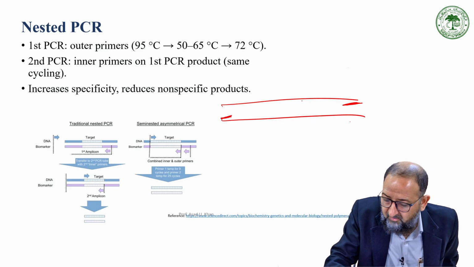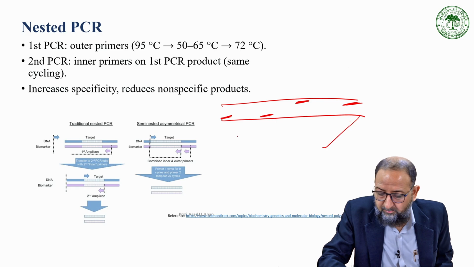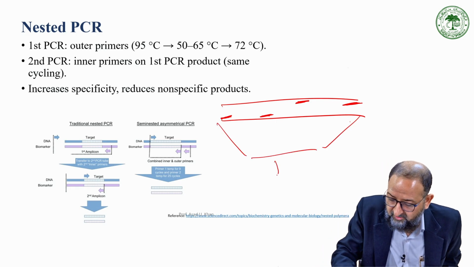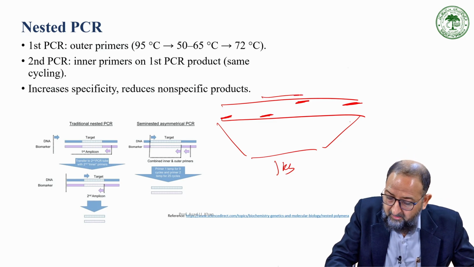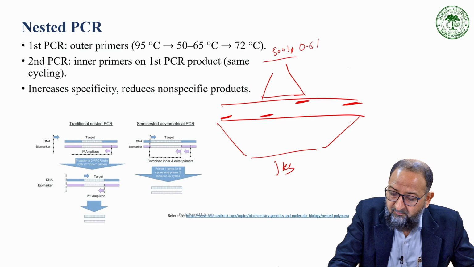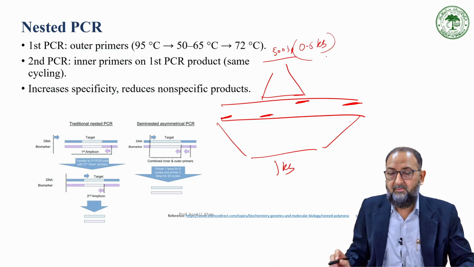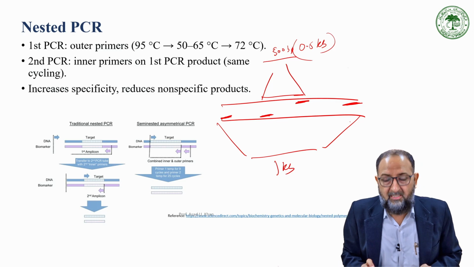Then you may have some inner primers. So this band to be of, say, for example, 1 kb, right? This band could be of, say, for example, 500 base pair or 0.5 kb. Correct. So what is happening in the nested PCR?